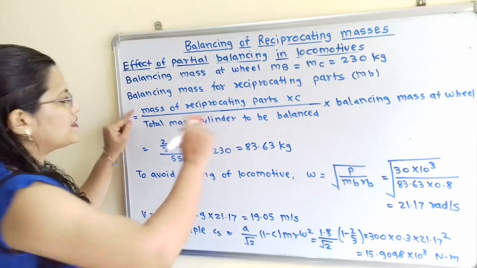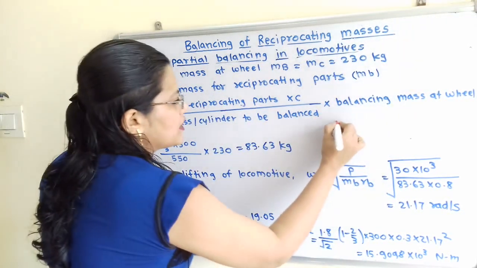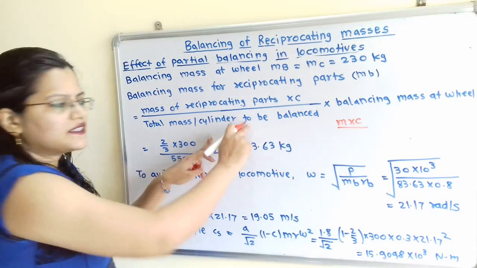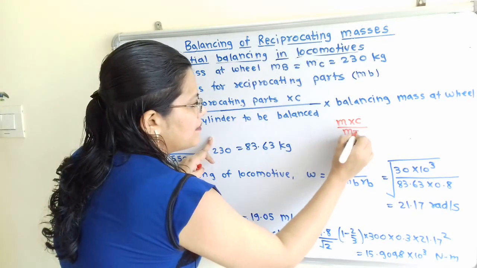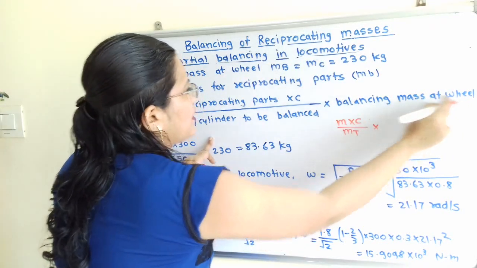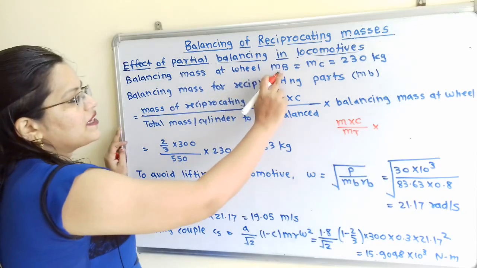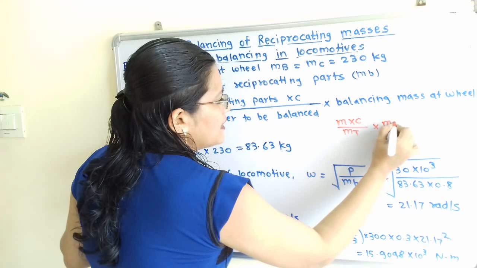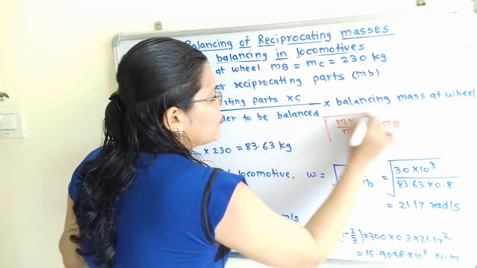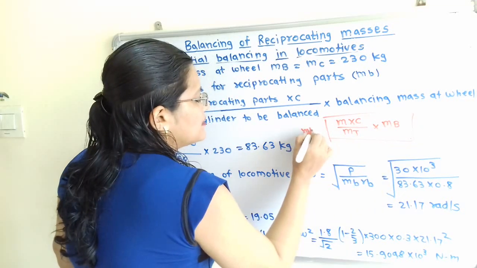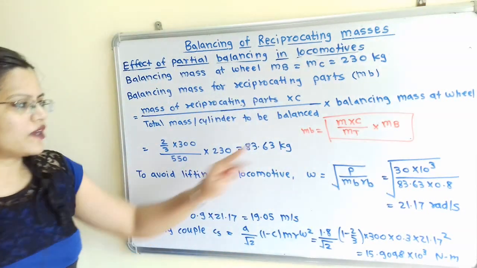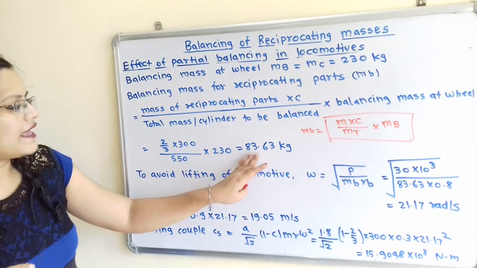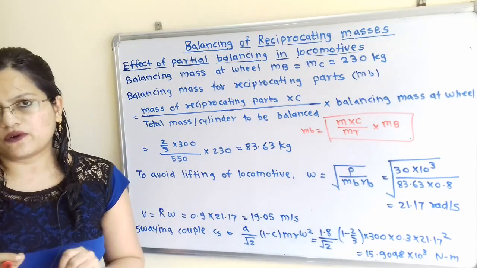We can also rewrite this as mass of reciprocating parts, notation M, multiplied by c, divided by the total mass per cylinder to be balanced, that is MT, multiplied by the balancing mass at wheel. The balancing mass at wheel is MB or MC, so we can take any one term; we will take MB. This is the formula to calculate the balancing mass for the reciprocating parts. When we put in the values, we get the answer 83.63 kilogram.